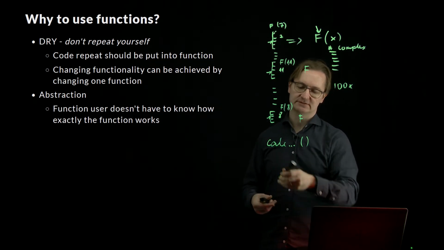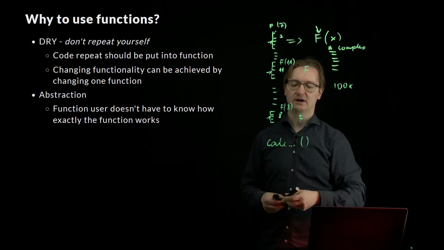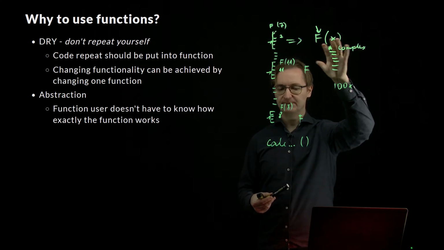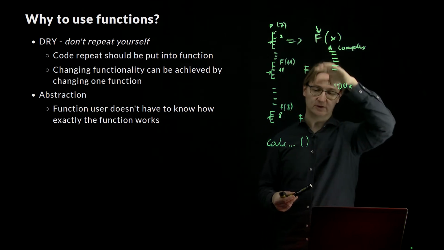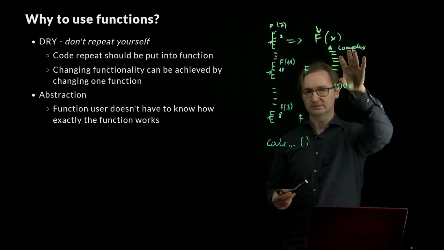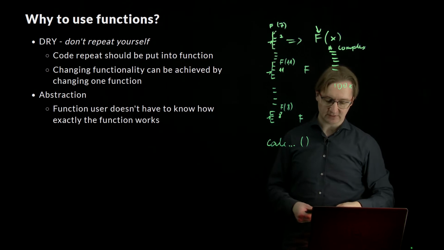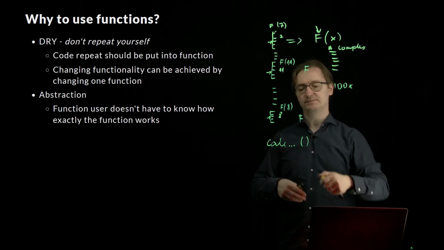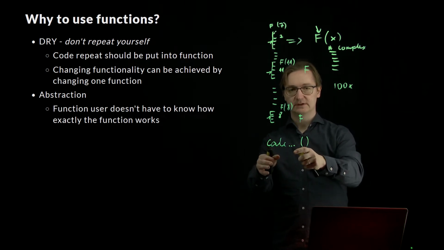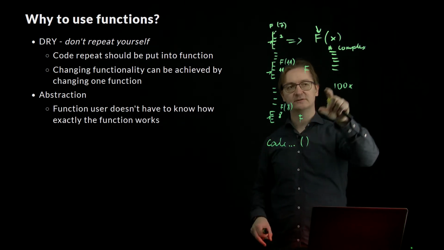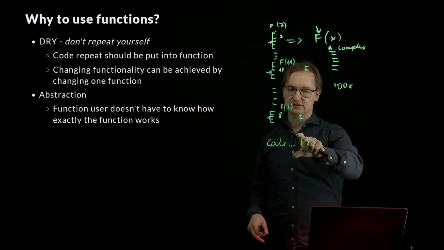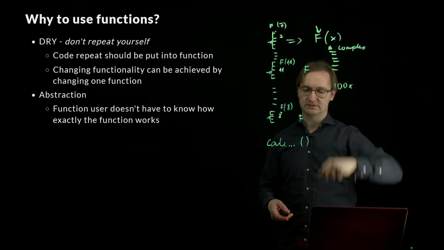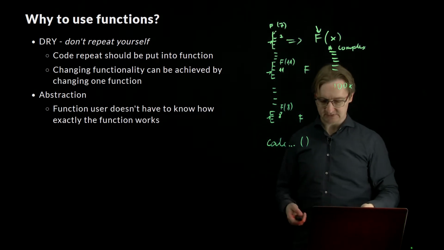So I see that there is a function, I can call this function, I can read the function description or the docstring, and I don't want to go into details with this function. I expect it to be working and so on. So I can basically say that for me, this is an abstraction of this functionality. I can use it, and I don't have to go into the details of the function implementation.